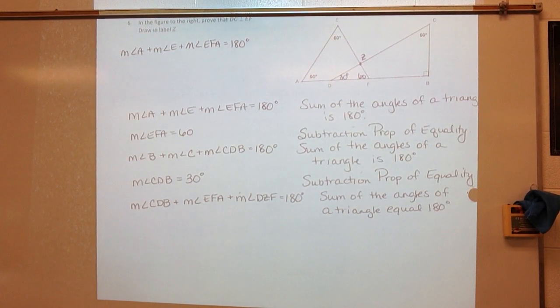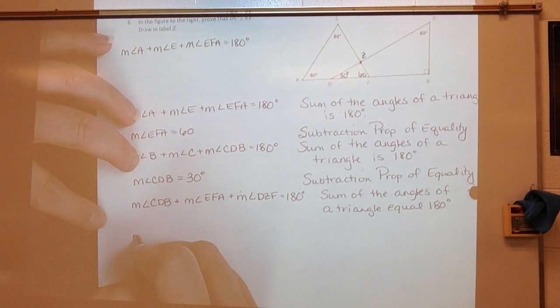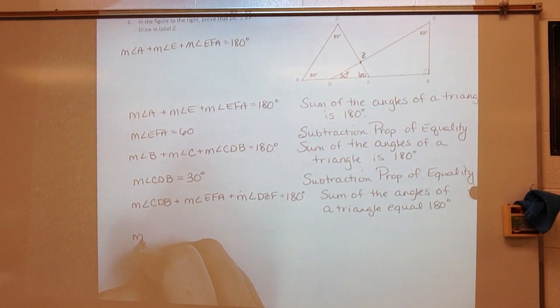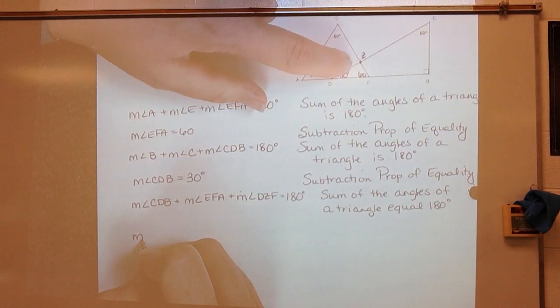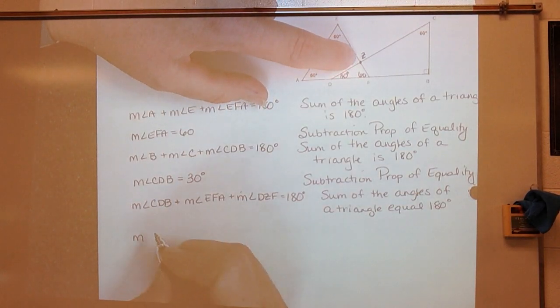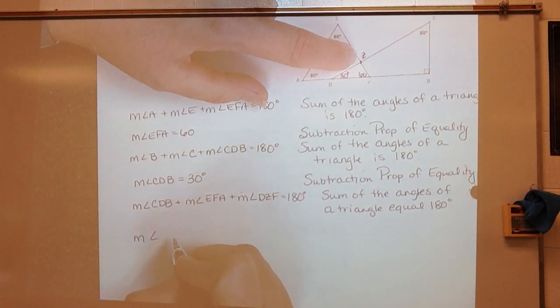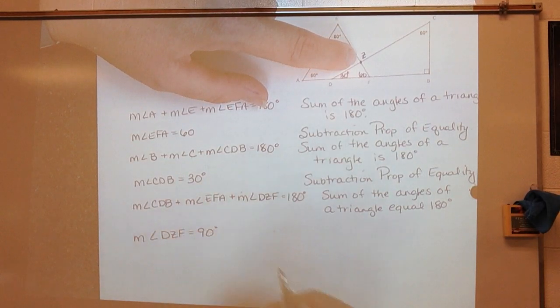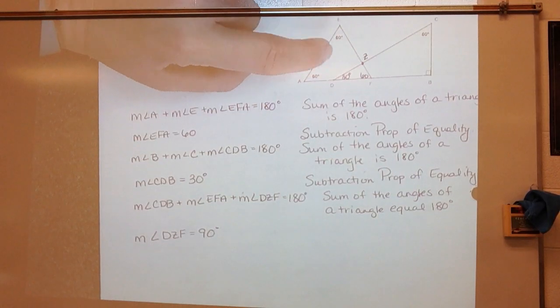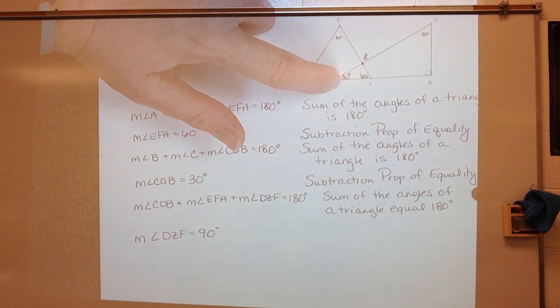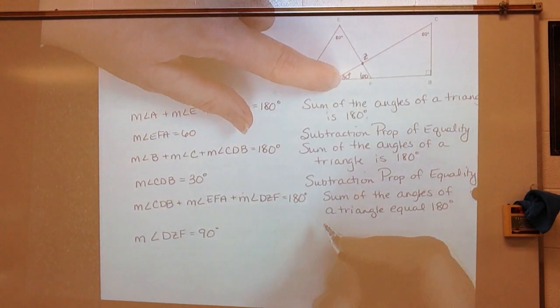So now I can look at this. The measure of angle DZF is 90 degrees, because 60 plus 30 is 90, and 180 minus 90 is 90.